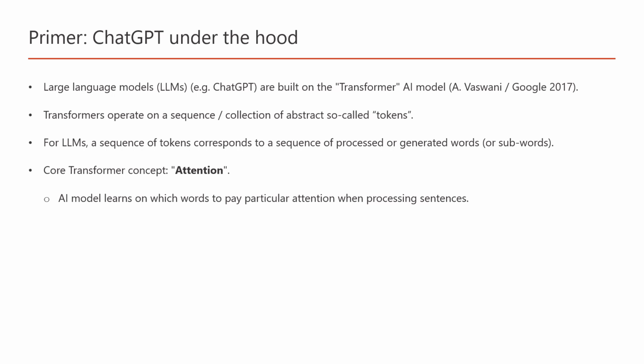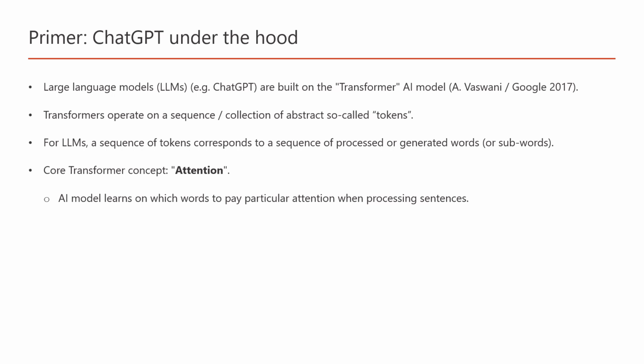These transformers have been applied a lot on sentences of words, but they are applicable on any sequence, or also on unordered collections of anything really. In the nomenclature, we refer to these things that we have a sequence or collection of as tokens, but for the language case, these typically correspond to words or subwords.